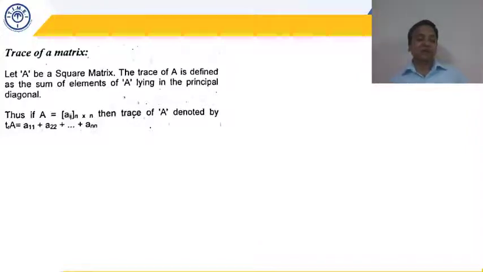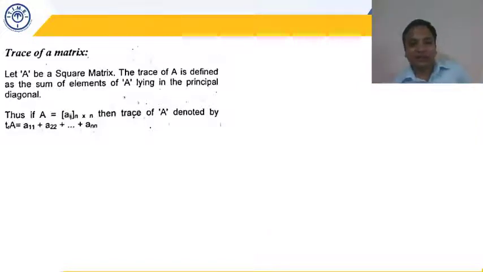For a square matrix, the principal diagonal consists of elements A11, A22, A33 up to Ann. Thus, if A = [aij], n by n, the trace of A is denoted by A11 plus A22 plus up to Ann. That means we are adding all the diagonal elements to get the trace of a matrix.